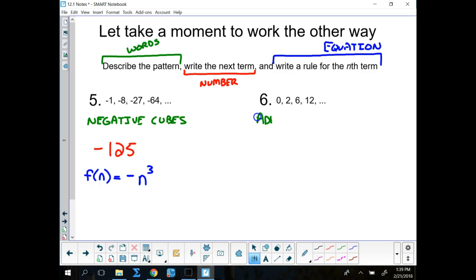Everybody agrees that we're adding consecutive even integers. Because then you add 2, then you add 4, then you add 6, then you add 8, and so on and so forth, right? Okay, everybody agree with that? So what would the next term be then? 20.